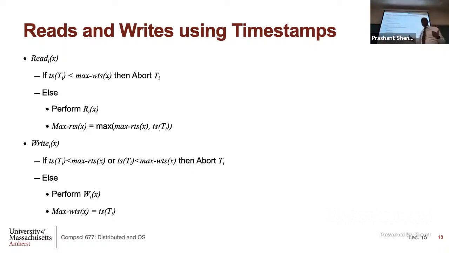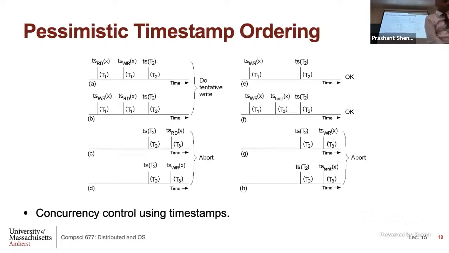But this assumes that if you have a balance of smaller transactions, bigger transactions, lots of data items, you will essentially not have that. Okay? Otherwise, you have to go to pessimistic concurrency control, where you actually have to have locks. That's the only way to guarantee. Any other questions? Okay, there's an example here which is showing the same thing.